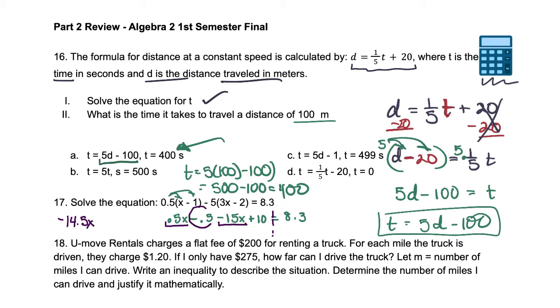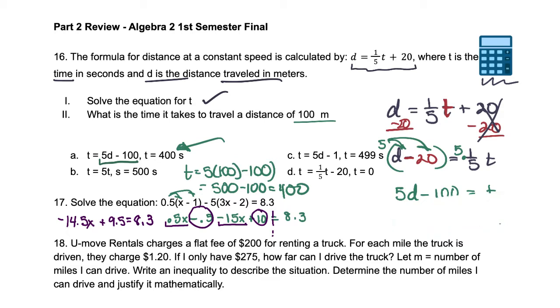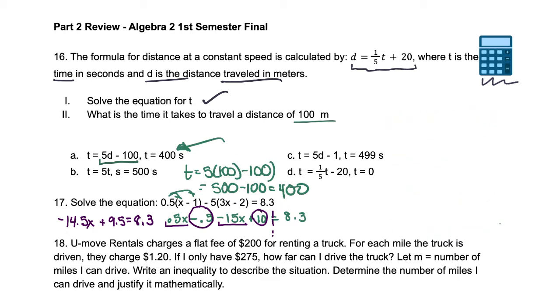Then I've got minus 0.5 plus 10, so that's a positive 9.5, equals 8.3. And now we're at a two-step solve problem. So we'll erase a little bit here, give ourselves some space. I'm at negative 14.5x plus 9.5 equals 8.3.